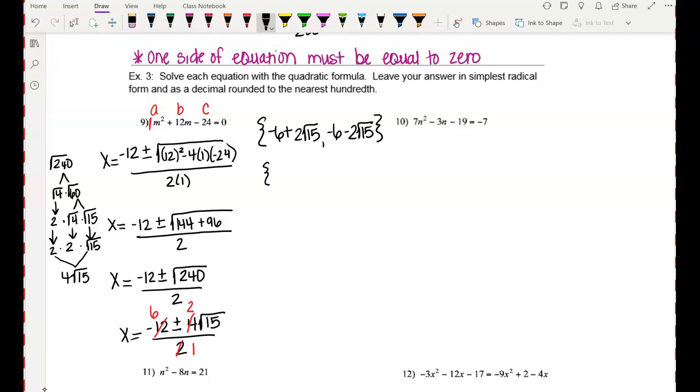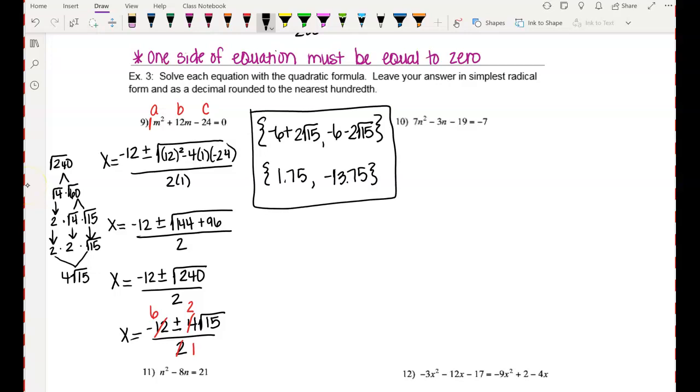And in decimal form, rounded to the nearest hundredth, you should get 1.75 for that value. And then if I do -6 minus 2 radical 15, I get -13.75. So those would be my two answers, one in simplified radical form, one in decimal form.